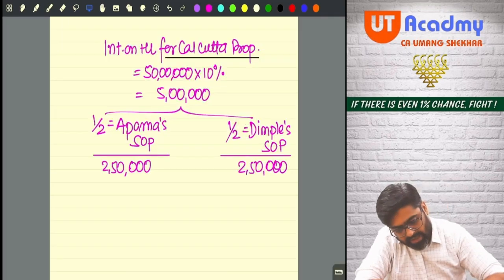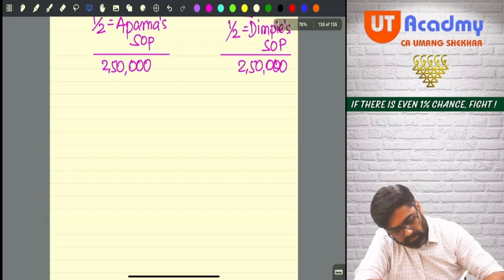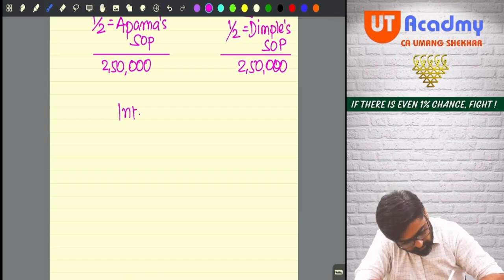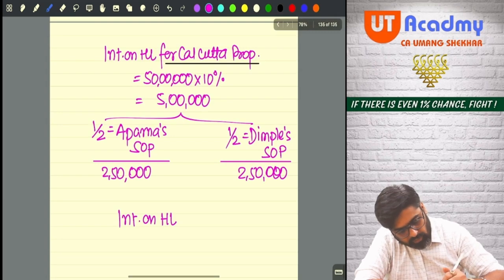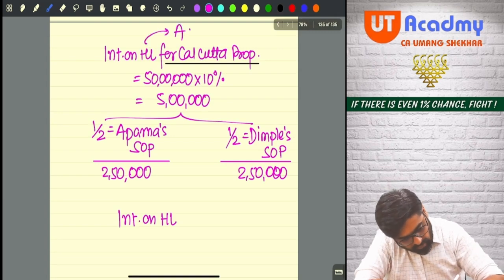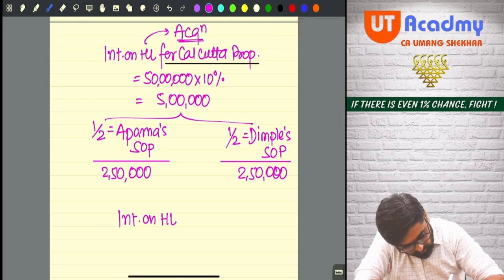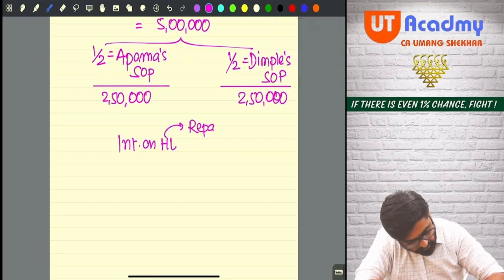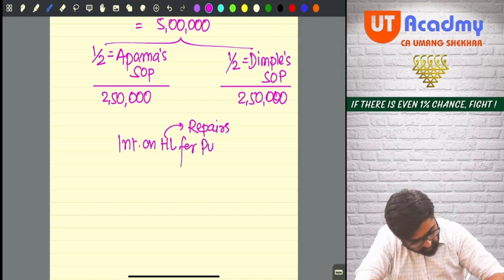So can I now say that interest on housing loan, this housing loan was for acquisition, and now this housing loan we are talking about is for repairs. Housing loan for Pune flat.